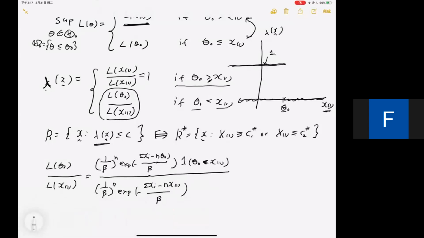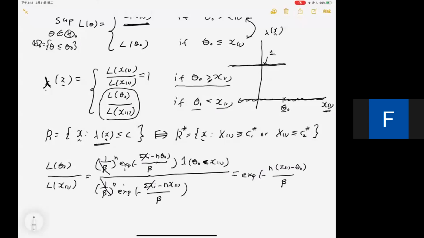So a bunch of terms cancel out until the exponential, then minus beta, right? Summation xi cancels out. Then I think it's n times x1 minus theta not.